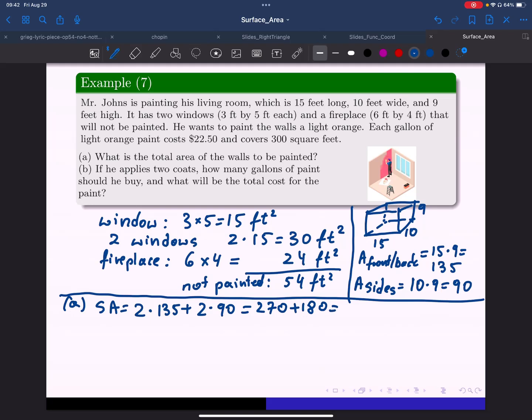The surface area is 450 feet square. And then we need to subtract what is not painted. So we subtract 54, and we get that the total area to be painted is 396 feet square.